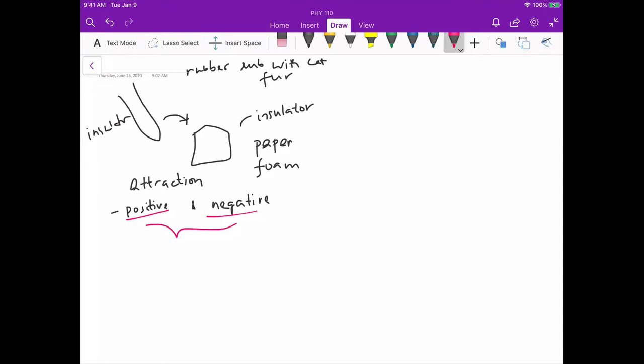So if you have the rubber without being rubbed, not rubbed against cat fur or something like that, it has an equal number of positive and negative charges.